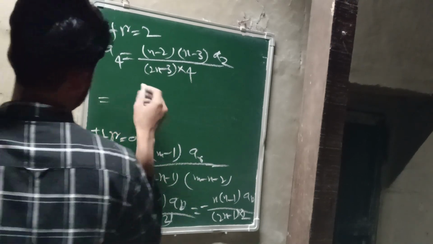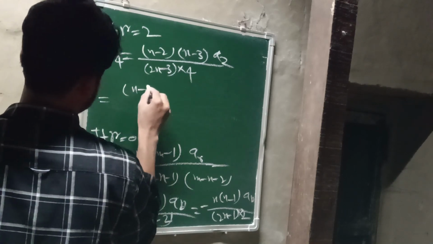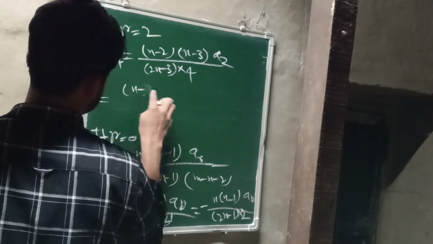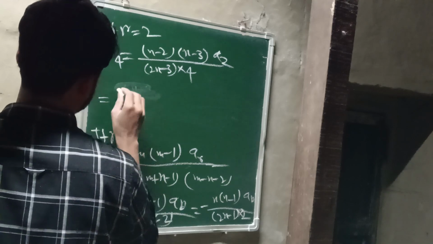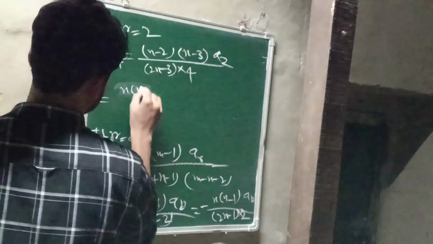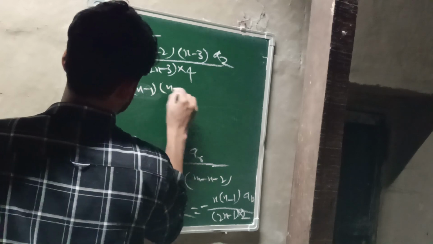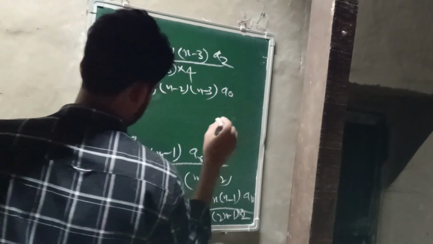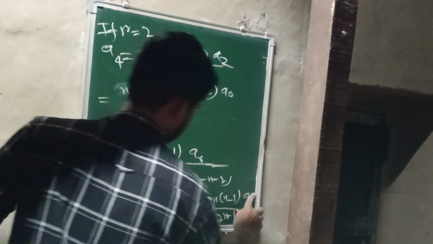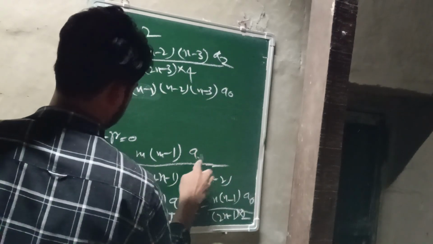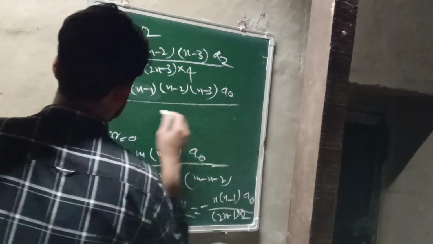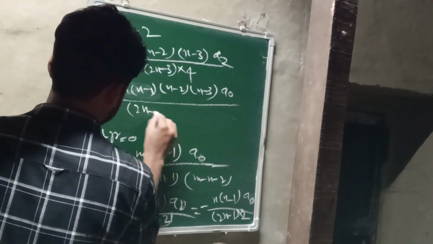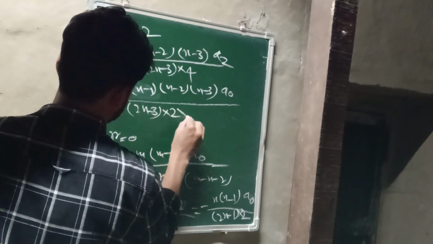If we put the value of a2, then we get a4 equal n into (n minus 1) into (n minus 2) into (n minus 3) a0 divided by (2n minus 1)(2n minus 3) into 2 into 4.